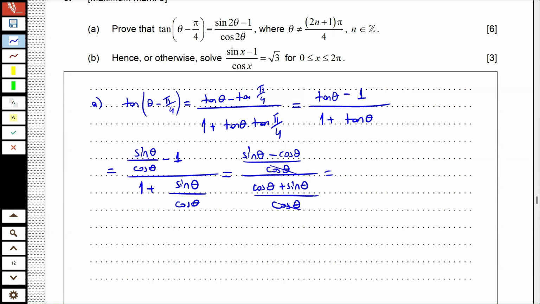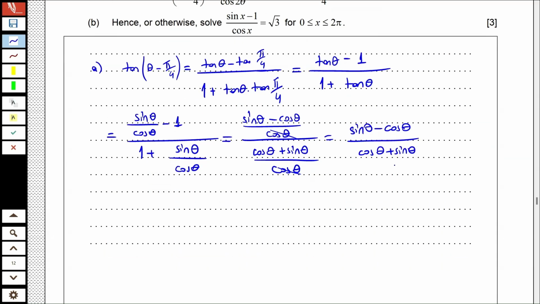These cancel each other: sine theta minus cosine theta divided by cosine theta plus sine theta.